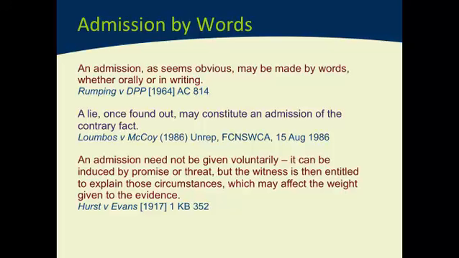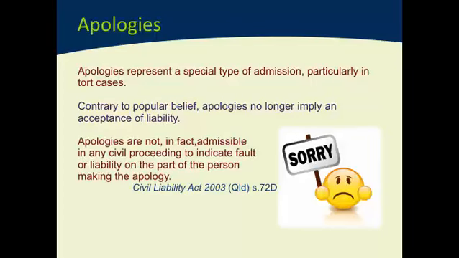So it might be, I will forgive you that debt if you tell me the truth. And that might, in some circumstances, be a perfectly sensible way to do business. So you can see how if all inducements ruled all admissions out of play, things could get very curly. It makes much more sense to just put all of the circumstances in front of the court and let the court make its decision.